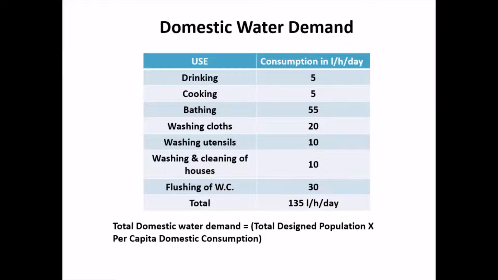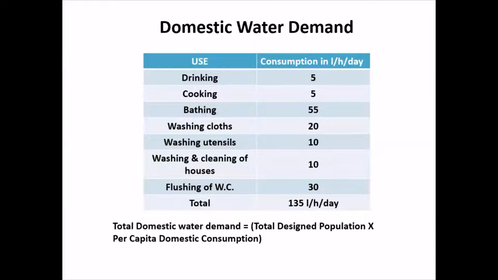So what is meant by domestic water demand? The domestic demand includes the water required in houses for drinking, cooking, bathing, washing clothes, sanitary blocks, private vehicles and gardening. The requirement for domestic animals is also included.